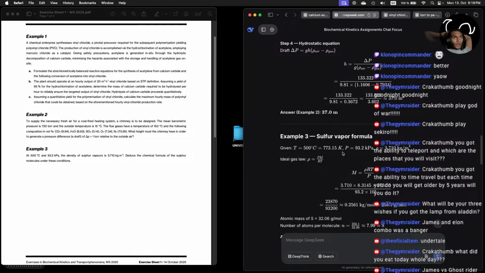And you have to deduce the chemical formula of sulfur molecules under these conditions. That's an interesting question. At 500 degrees Celsius at 93.2 kilopascal, the density of sulfur vapor is 3.7. Deduce the chemical formula. Okay.